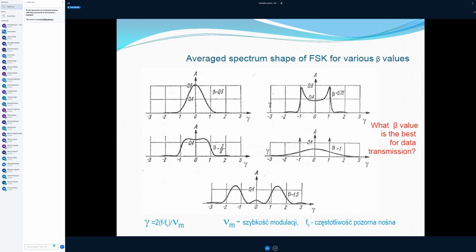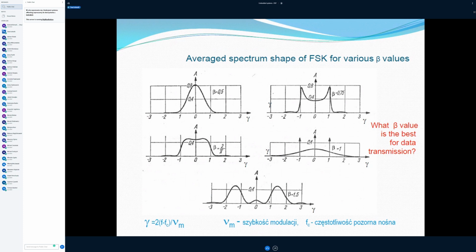Because what kind of conversion do we have in the frequency domain? The amplitude of the signal is converted into the frequency of the modulated signal. So I can be very, very precise in representing the amplitude of an original signal by frequency changes.